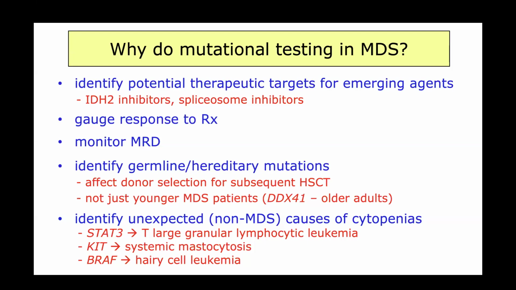Similarly, KIT mutations, not common in MDS, may make you scratch your head and say, I wonder if there was an occult and missed systemic mastocytosis. BRAF mutations, again, not common, but do occur in myeloid neoplasms. Maybe there was a hairy cell leukemia that was rather sneaky, and we missed that. So the presence of one of these mutations may be a value of saying, maybe it's not MDS, and maybe it's some other hematologic neoplasm.